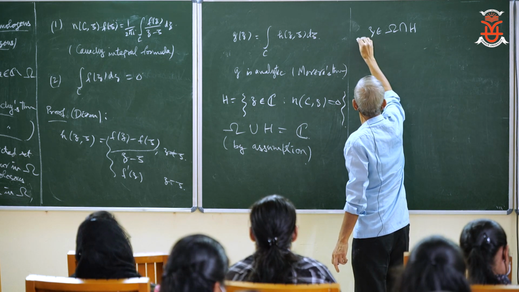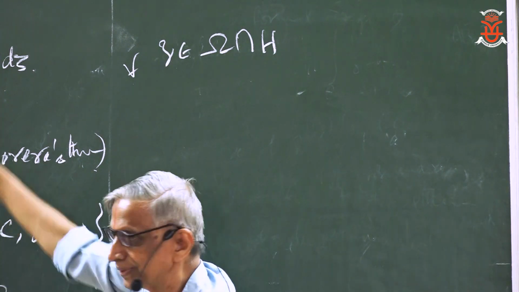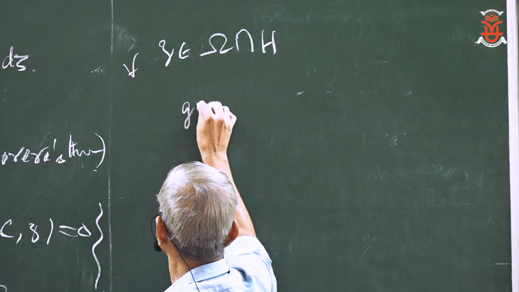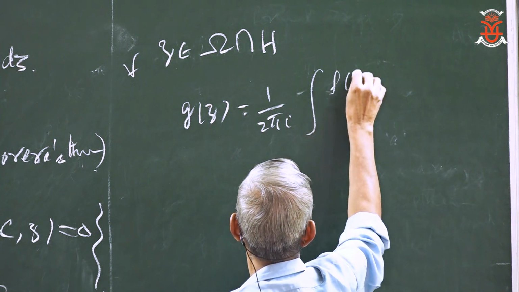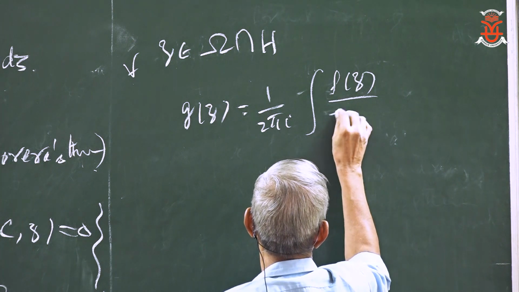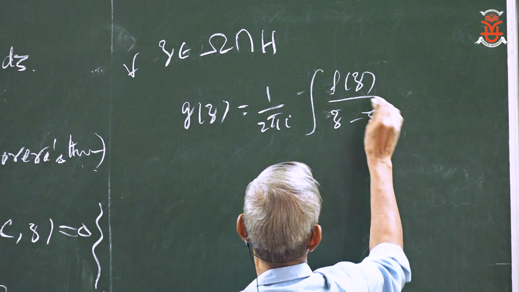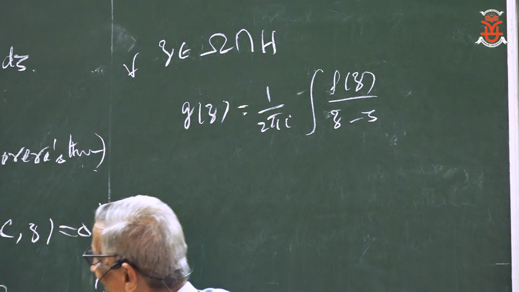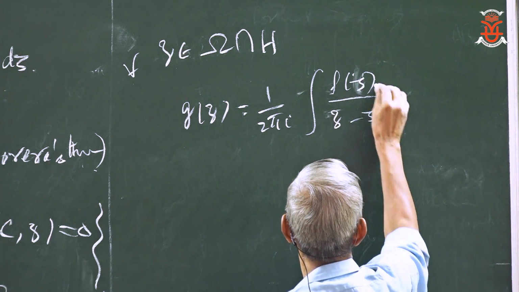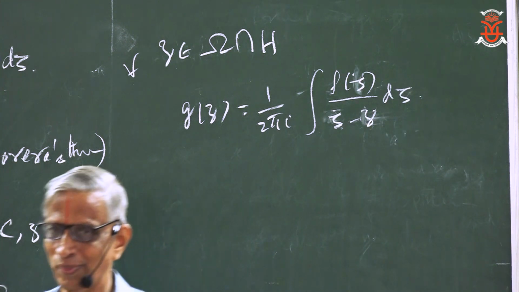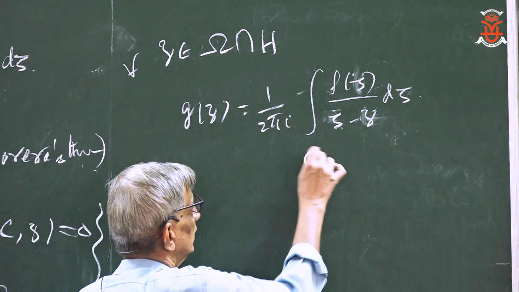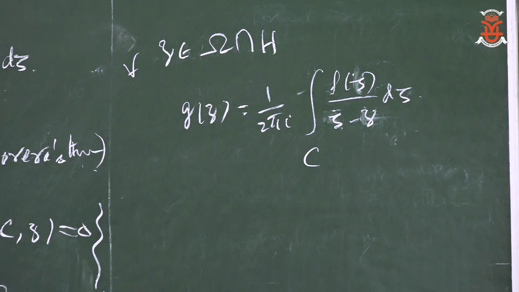For all Z in the common portion, Gz which we have written, integral over C. So each thing that I'm writing will not be obvious, right? You'll need to do a little work.